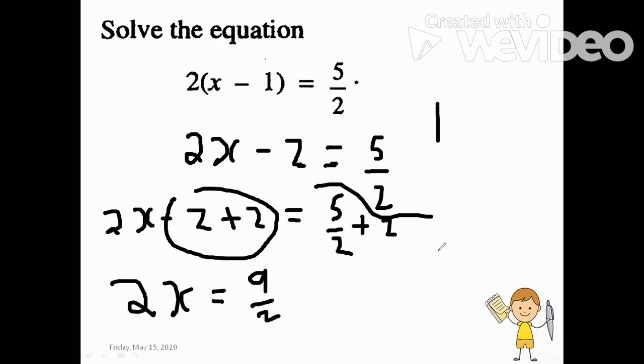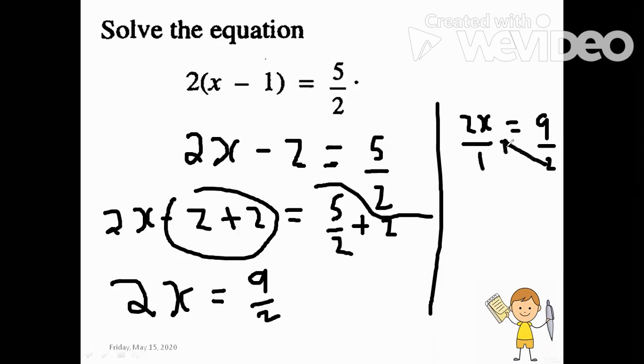Let's go over here. So we have 2x equals 9 over 2. And I believe at this point we can cross multiply. So 2 times 2x will give us 4x. 1 times 9 will give us 9.